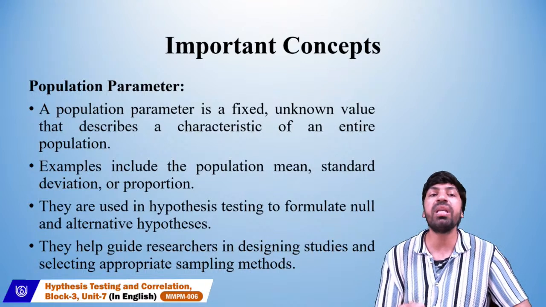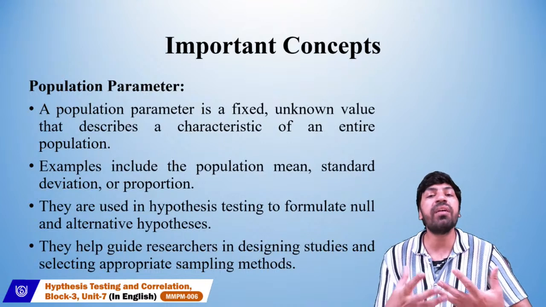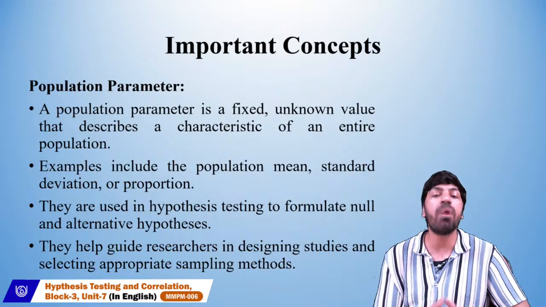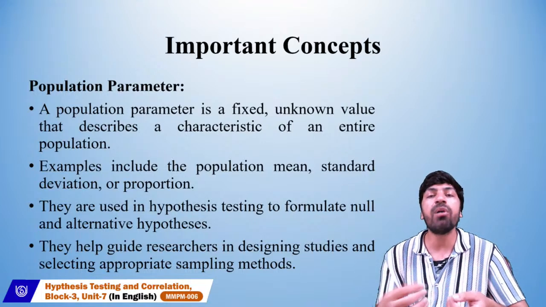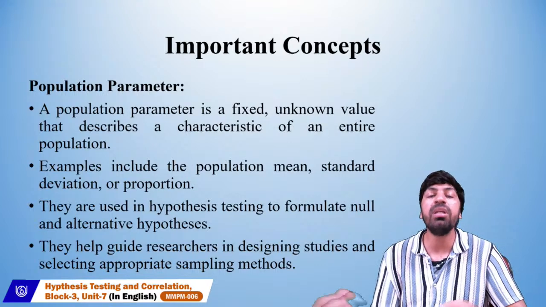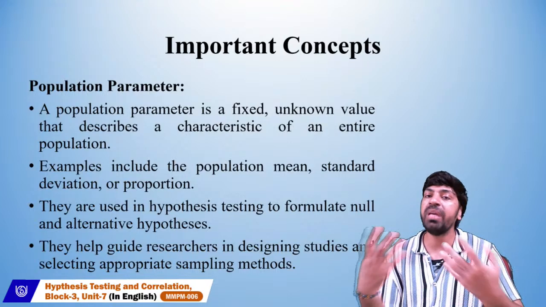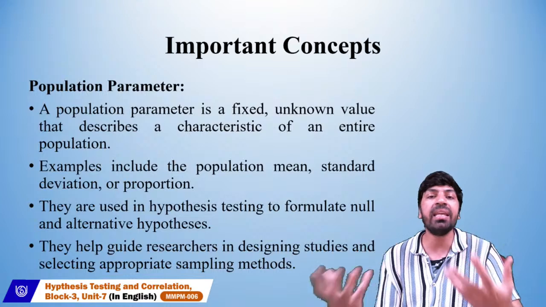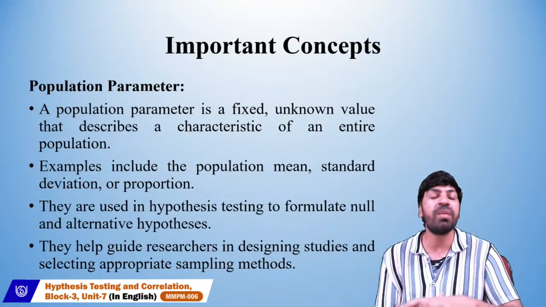It refers to an unknown value which reveals some characteristics of the entire population. That means it is a statistical value which describes the population. It could be an age, an income, a knowledge, a satisfaction, etc.